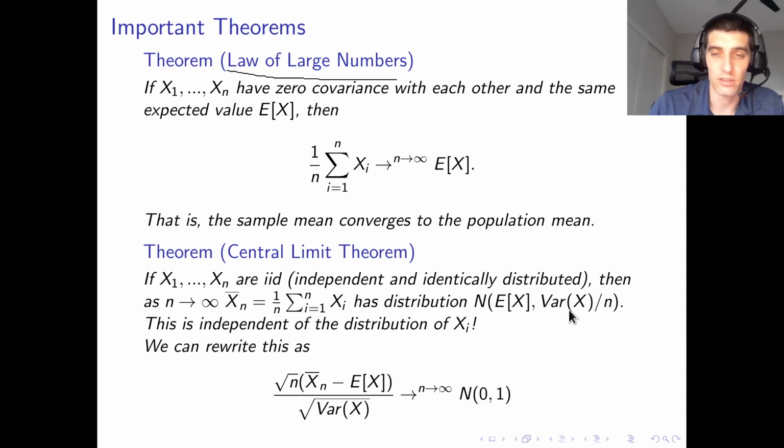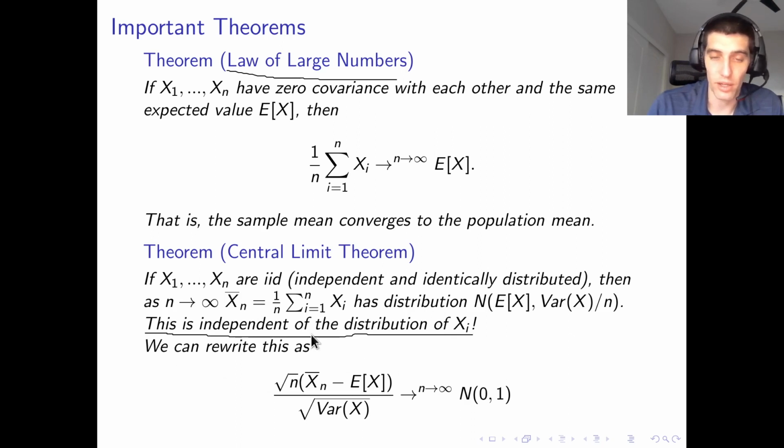So the variance is divided by n, the mean is expectation of x. And notice, this is the magic of the central limit theorem, this does not depend on the distribution of x. It can be whatever distribution there is.